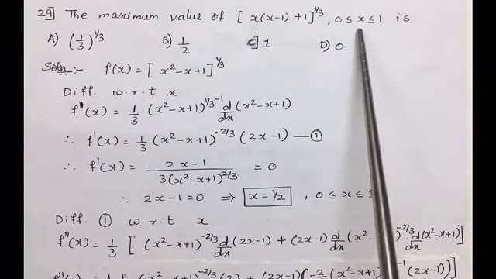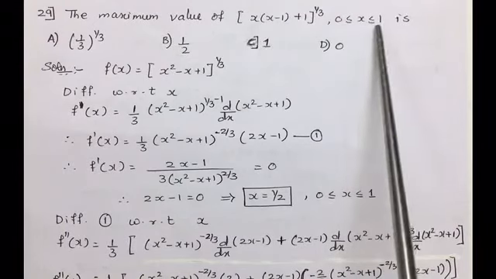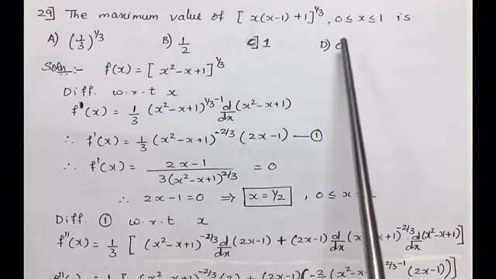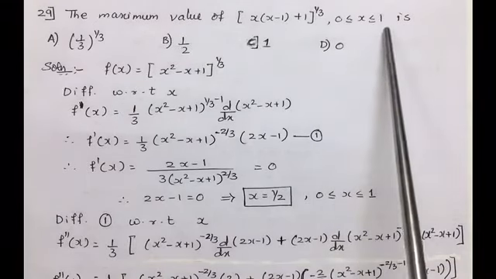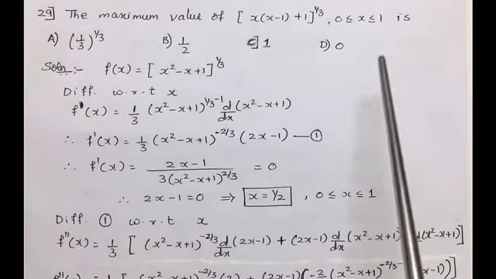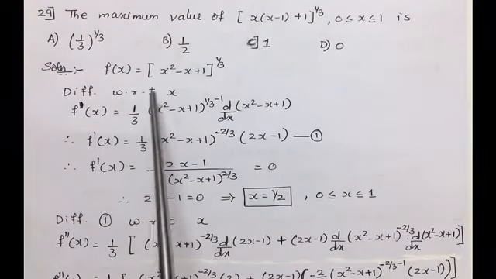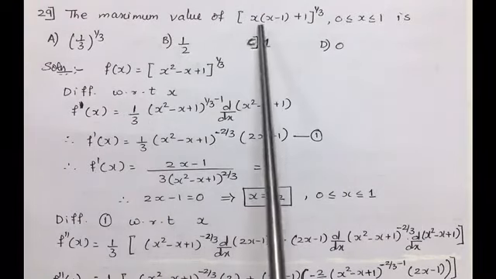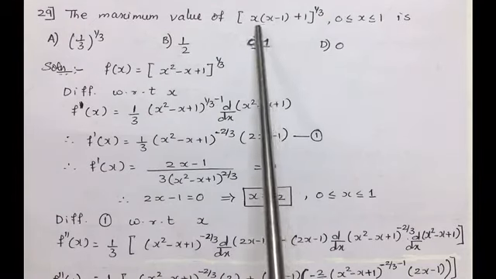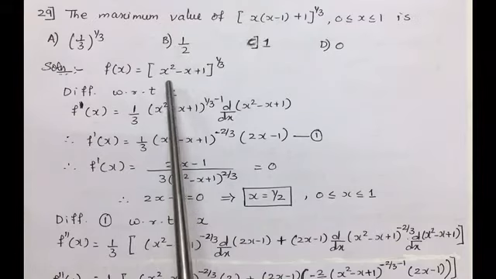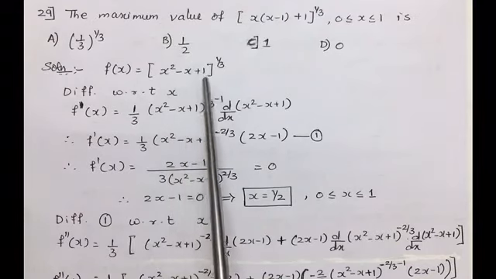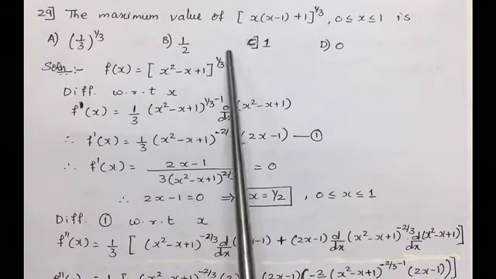Now as x is lying in a closed interval 0 to 1, we need to calculate fx for 0 also and fx for 1 also. So fx, opening the bracket, we will get fx is equal to (x square minus x plus 1) raised to the power 1 by 3.